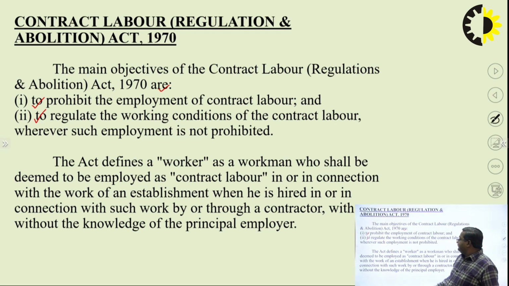The Act defines a workman as deemed to be employed as contract labour in or in connection with the work of an establishment when he is hired in or in connection with such work by or through a contractor, with or without the knowledge of the principal employer.